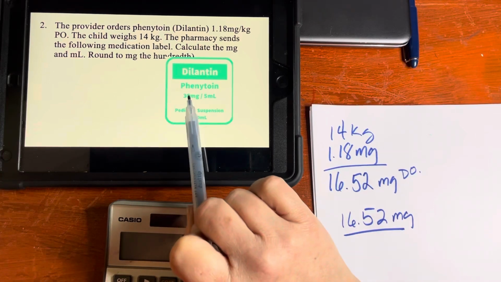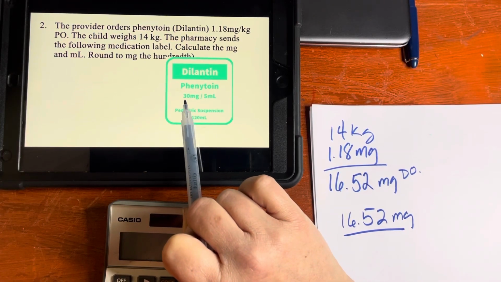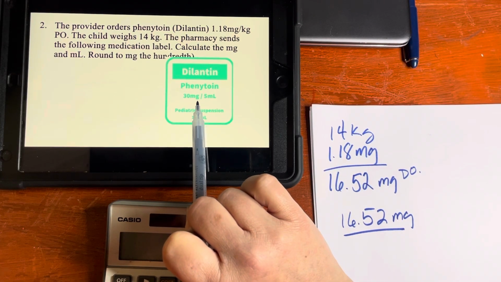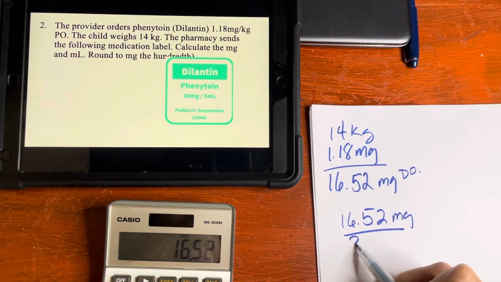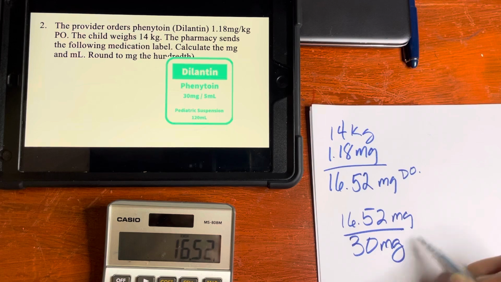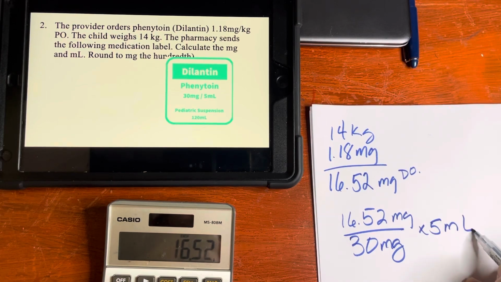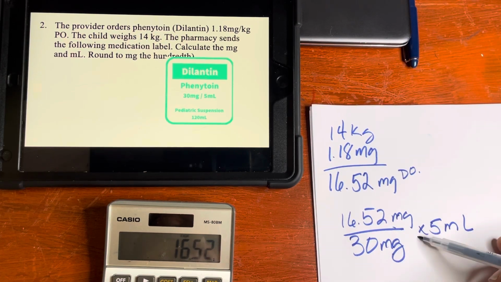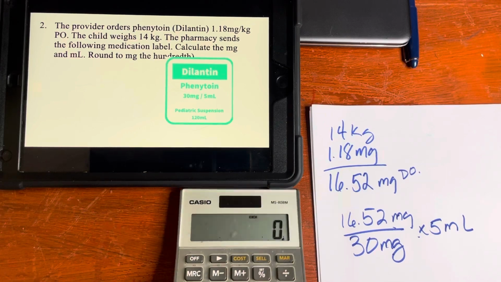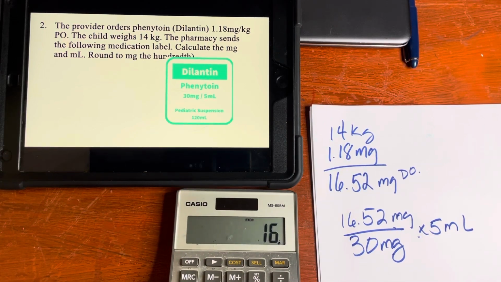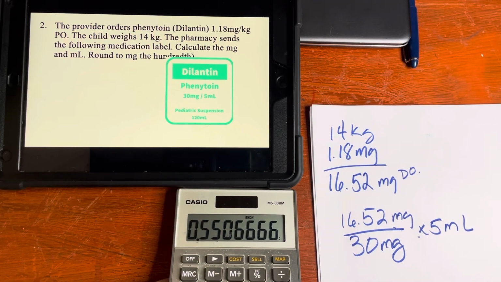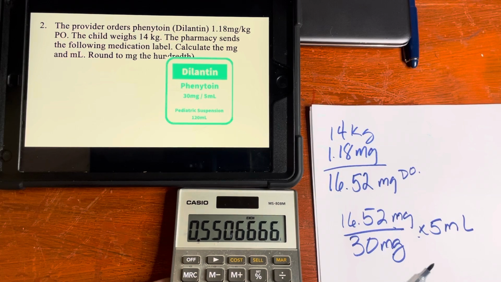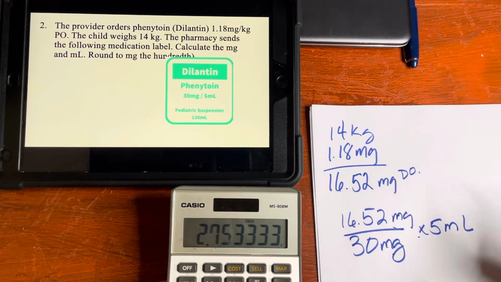Okay. So what I have in my hand of Dilantin is 30 milligrams per 5 mLs. So to go in this fraction, it's got to have the same last name times 5 mLs. And then we're doing the math. This divided by that times that. So get your handy dandy calculator. 16.52 divided by 30 equals. Don't even look because you're not done, and it'll throw some folks. So don't do it.